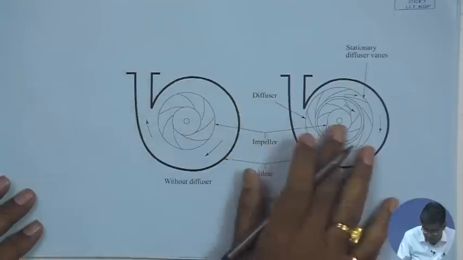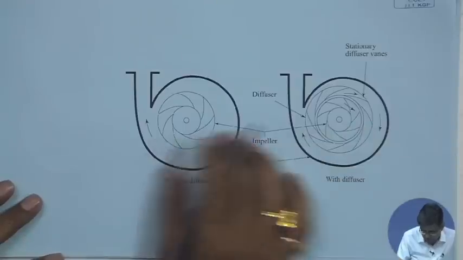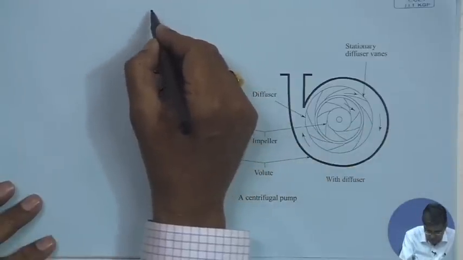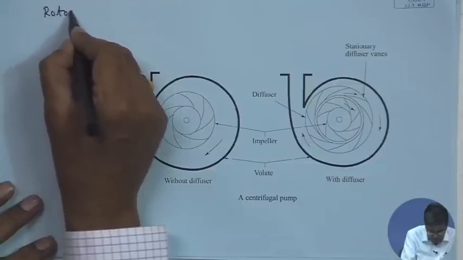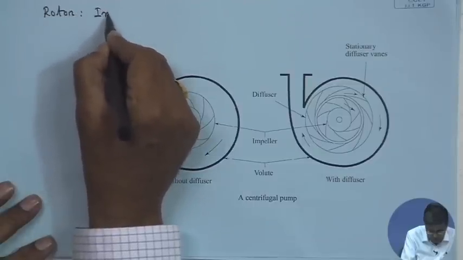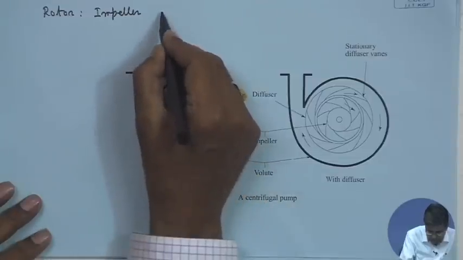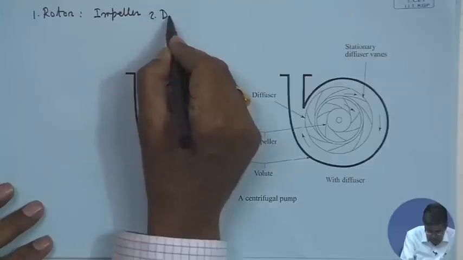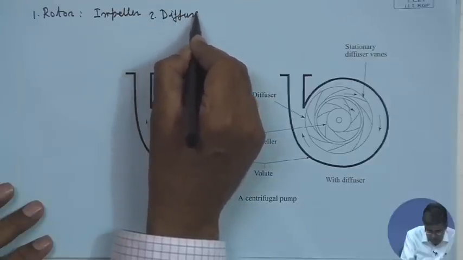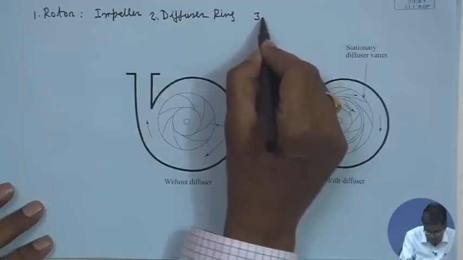The basic component of a centrifugal pump: there are two options, two types or configurations. The basic components of a centrifugal pump are, number 1, the rotor, which usually is known as the impeller; number 2, the diffuser ring; and number 3, the volute casing.